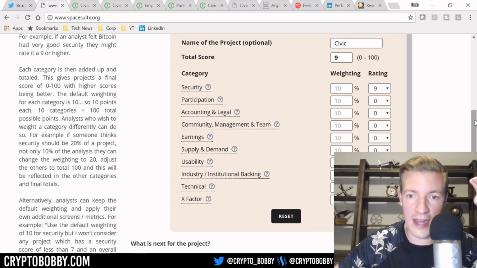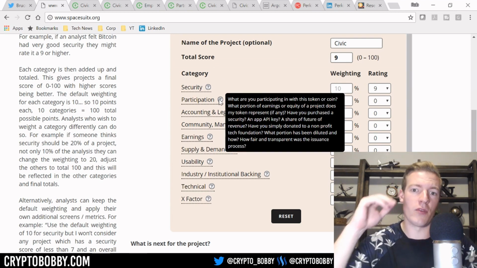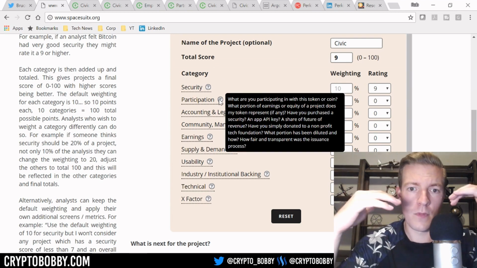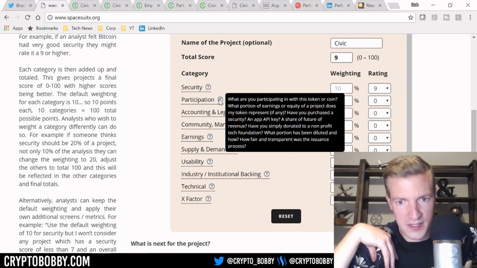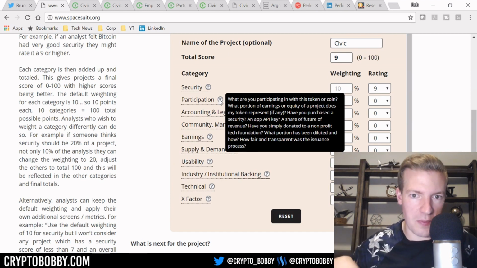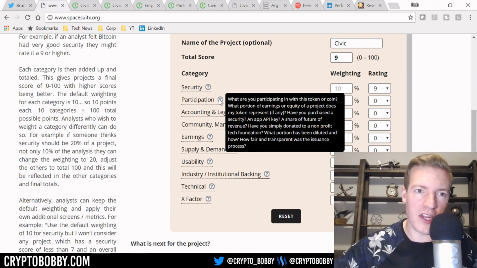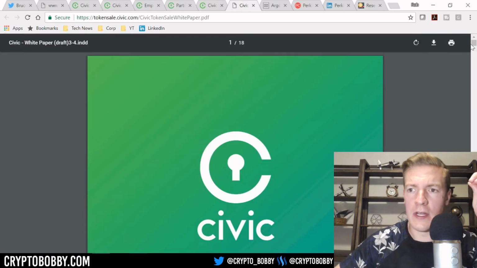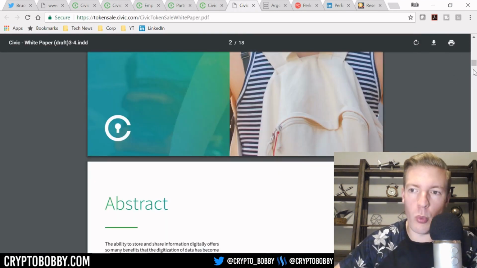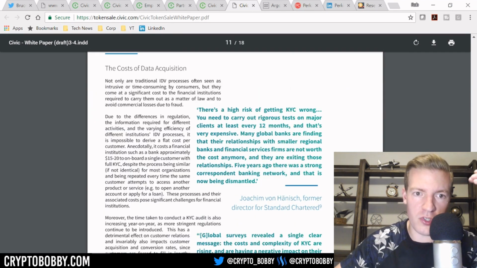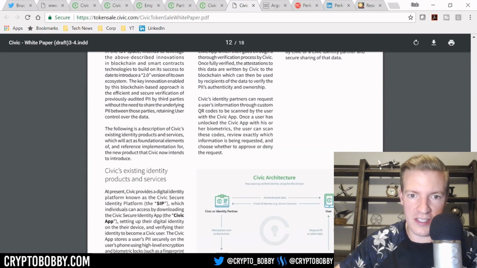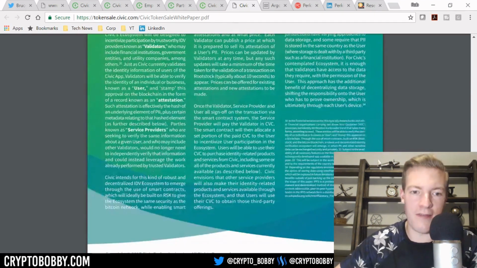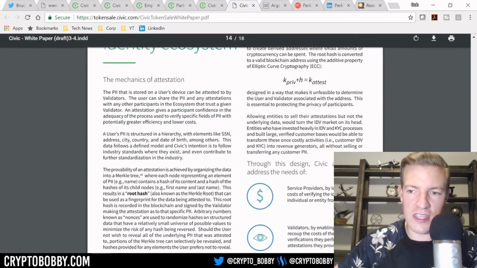Now, participation. This isn't necessarily participation from an ICO perspective, but what is your participation within the community, and what does this token provide you with? The white paper tells you what the plan for the existing system is and what solutions the token provides.